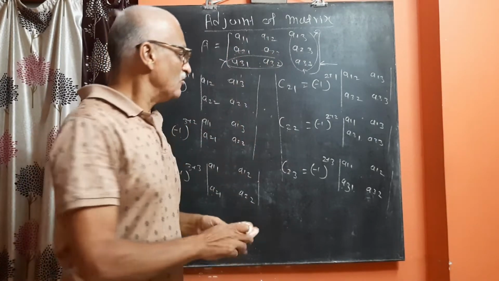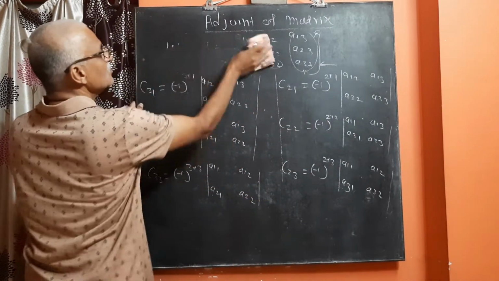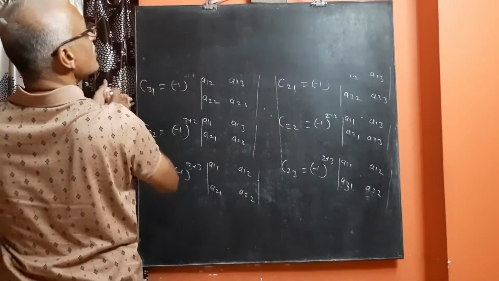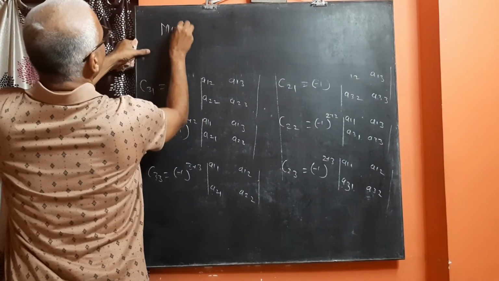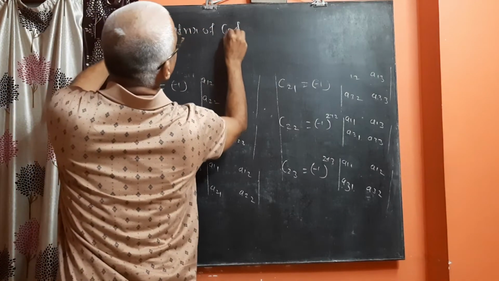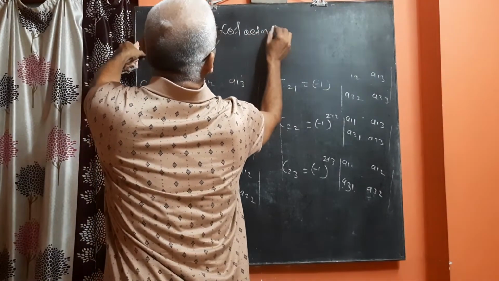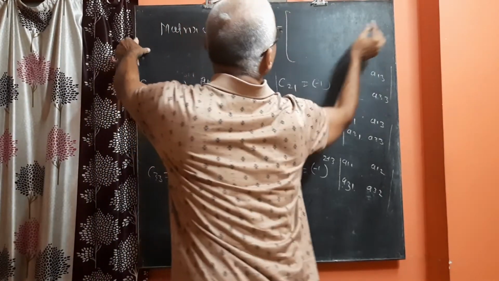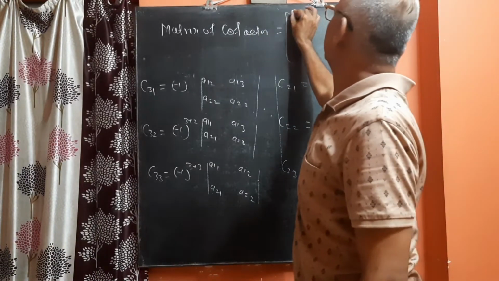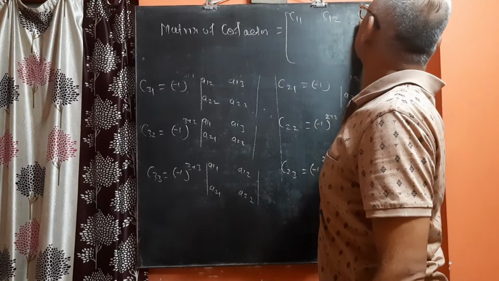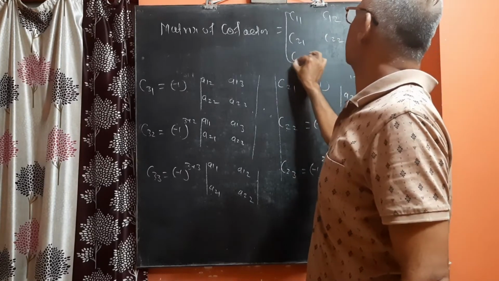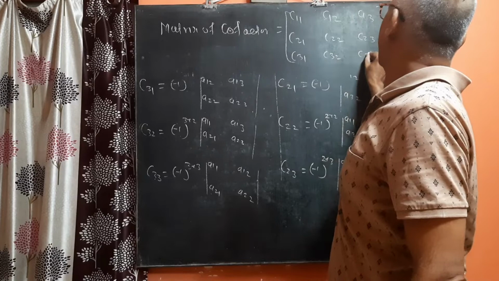Once you get the values of C1, C2, C3, you have to put them down as the matrix of cofactors. Matrix of cofactors is equals to matrix of, and now the elements you get you write in the same order. This first element is C11, this is C12, this is C13, then C21, C22, C23, C31, C32 and C33.